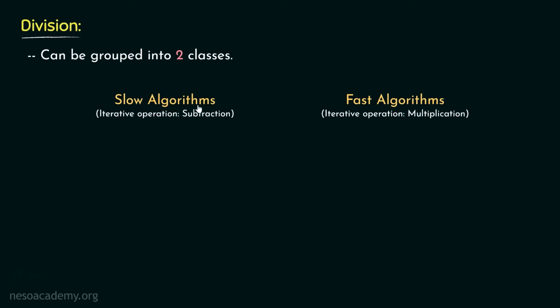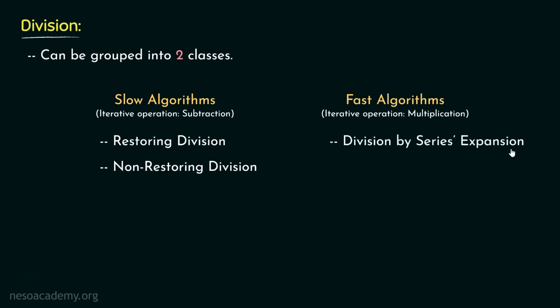Now coming to the slow algorithms, there are quite a few actually. Nonetheless, the popular ones are the restoring division and the non-restoring division. On the other hand, the fast algorithms include division by series expansion. Now in these cases, series like Taylor series are used for the division procedure.